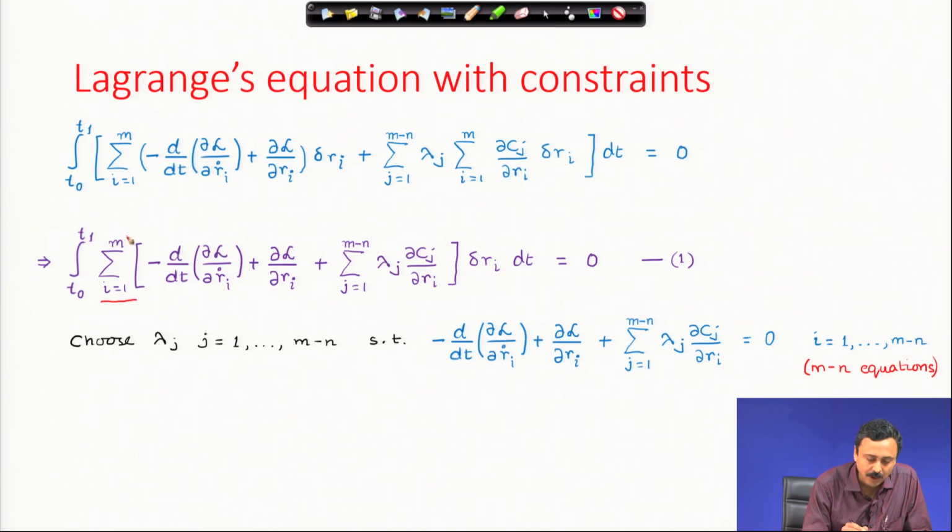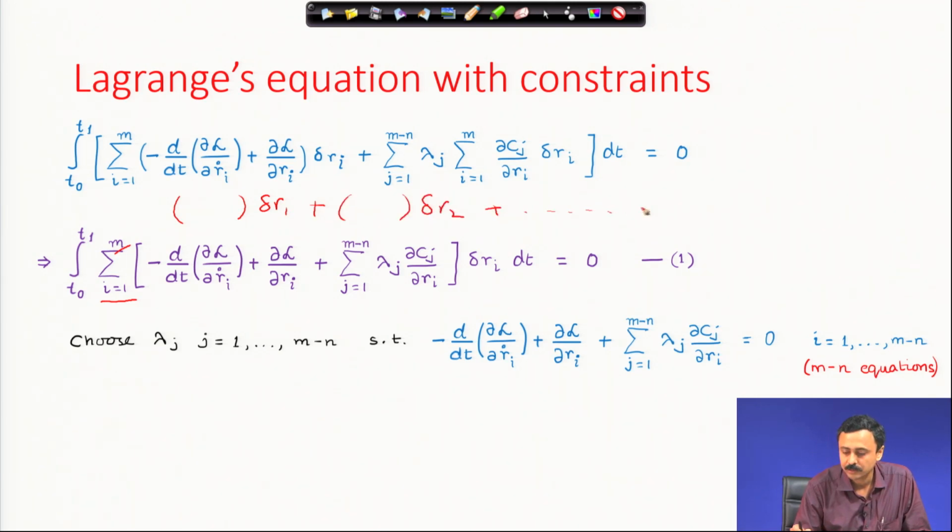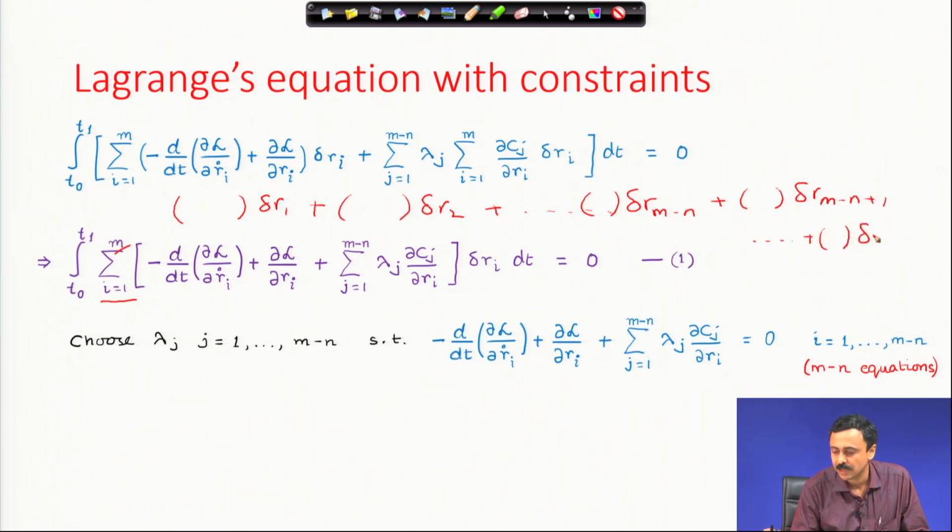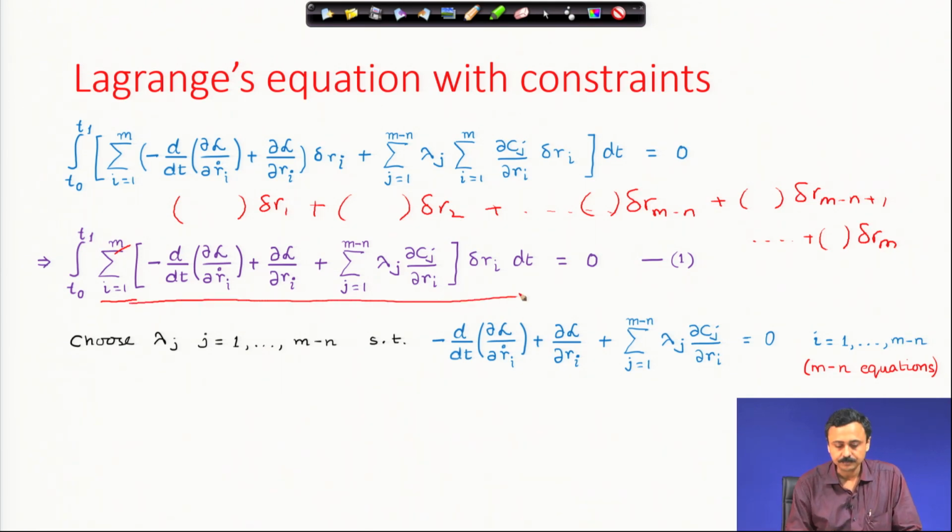Here the summation is from i equal to 1 to m. In other words, something times delta R1 plus something times delta R2 and so on, something into delta R m minus n plus something into delta R m minus n plus 1 and so on, something times delta Rm. This is the complete summation, which goes from i equal to 1 to m.